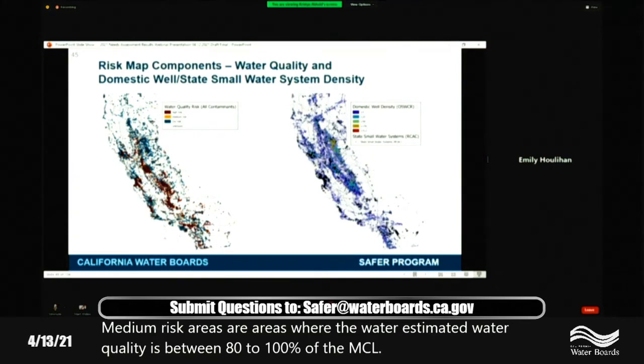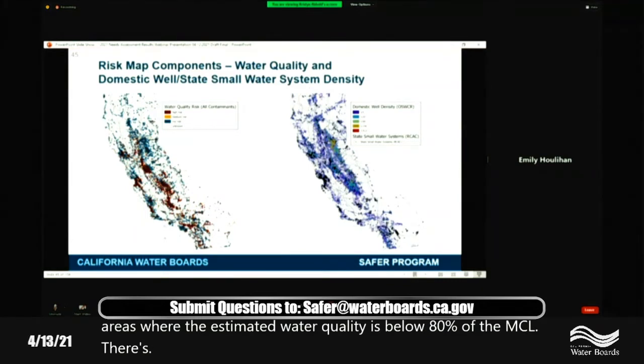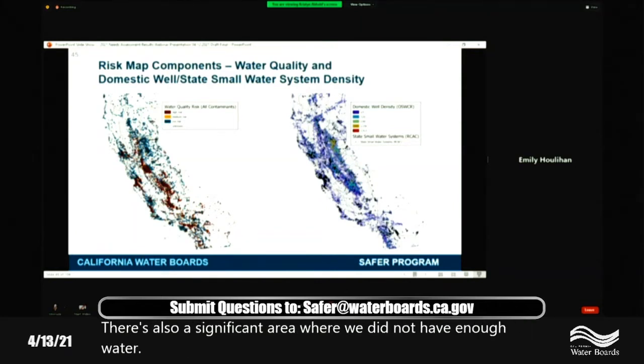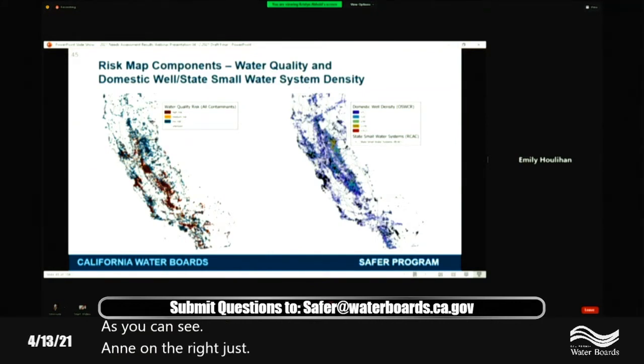And low risk areas are areas where the estimated water quality is below 80% of the MCL. There's also a significant area where we did not have enough water quality data to calculate an estimated water quality risk, as you can see. And on the right just shows the domestic well and state small water system location data.